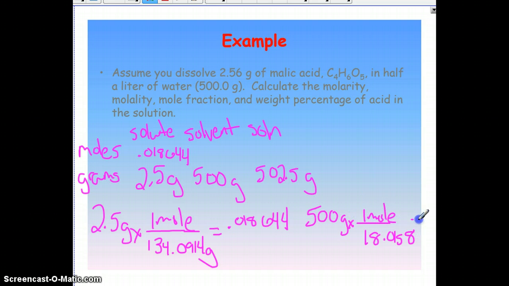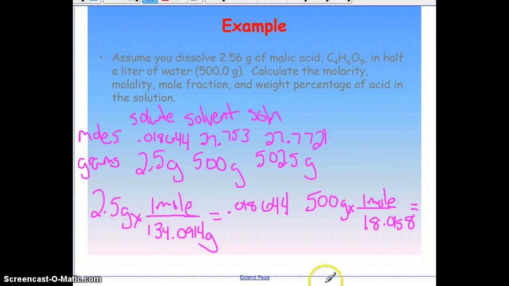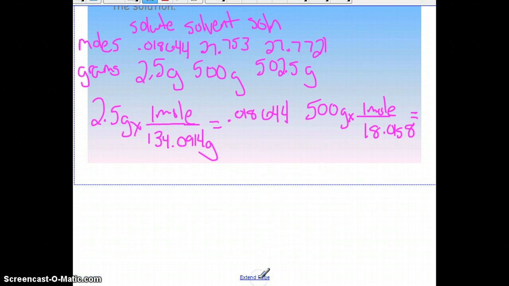When we calculate that out, it tells us that we have 27.753 moles of water. If you add these two numbers to get the total for the solution, we get 27.7721. Now I'm going to extend the page a little bit so we've got more room to work here.